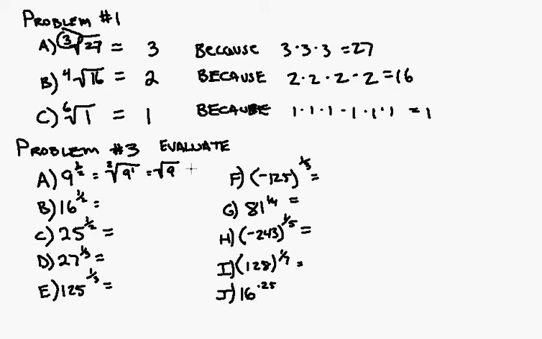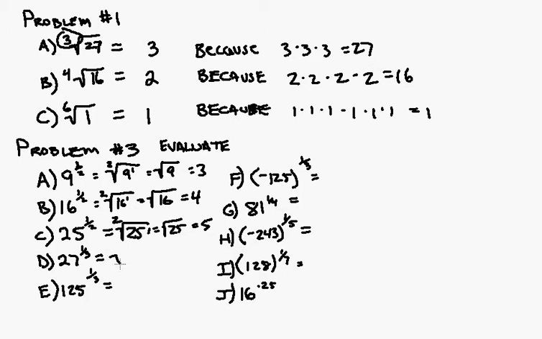This is just the square root of 9, which is 3. 16 to the 1/2 power is 16 to the 1 with the 2 outside, which is just the square root of 16, which is 4. 25 to the 1/2 power is 25 to the first, with the 2 out there. That's just the square root of 25, which is 5.